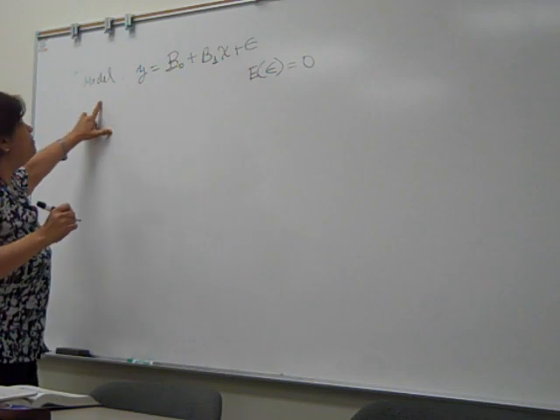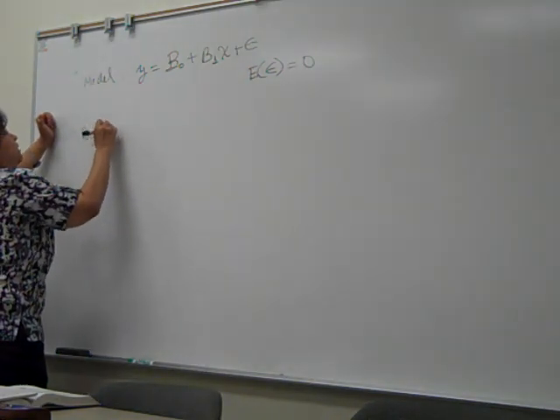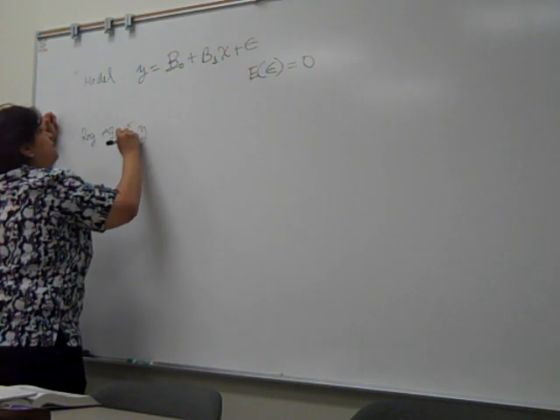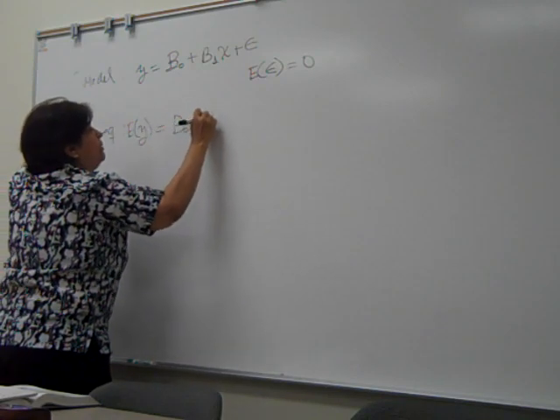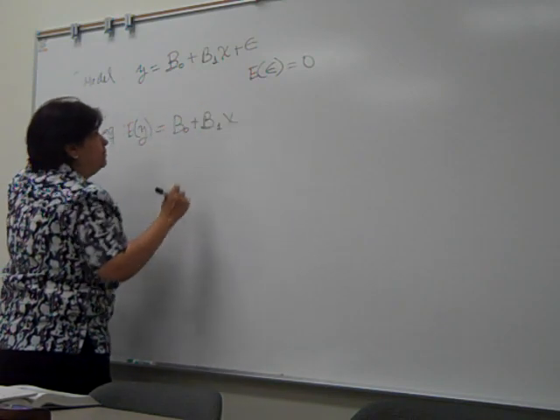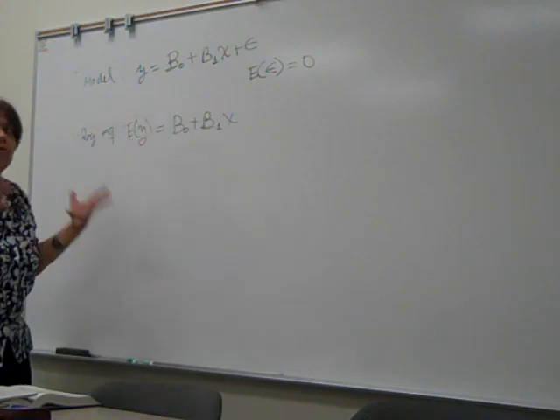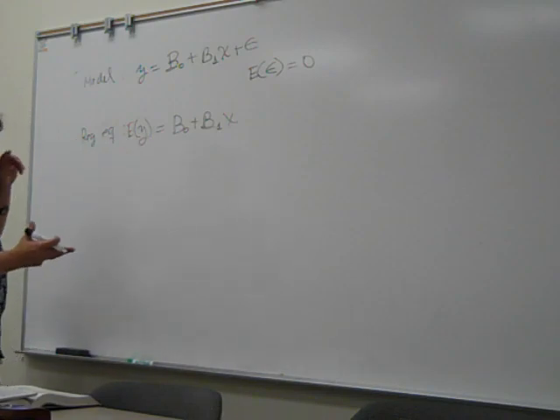Okay, but this is the model. From the model, we have the regression equation. The regression equation says that the expected value of y has to be equal to beta 0 plus beta 1 x. And this is the overall equation for the two variables' relationship.